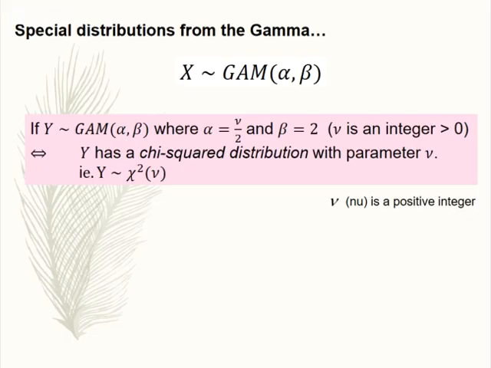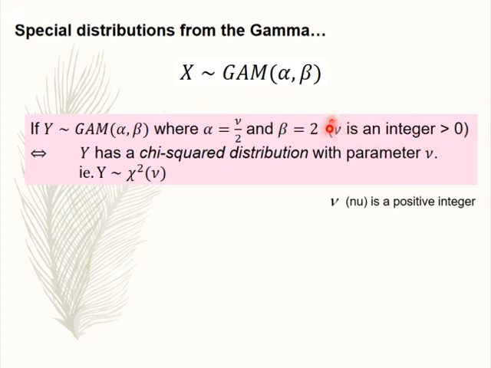Similar to the exponential distribution, the chi-squared distribution is a special case of the gamma distribution, specifically the case where alpha is equal to nu over 2 and beta is equal to 2, where nu is an integer greater than 0.